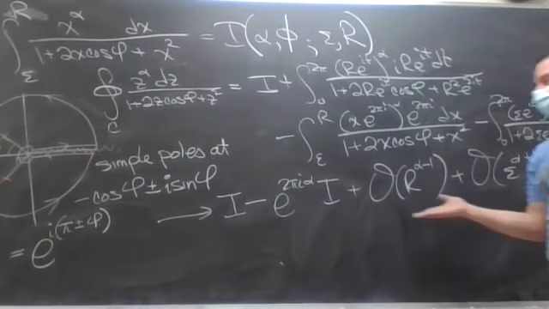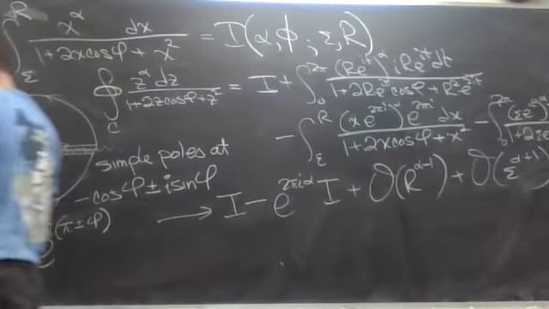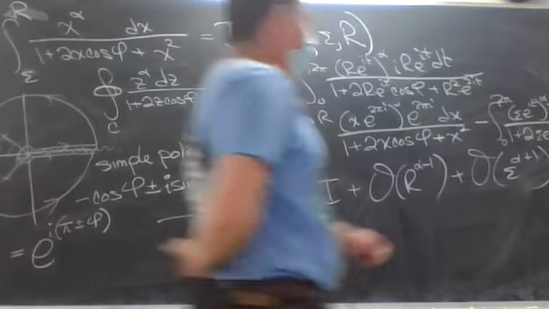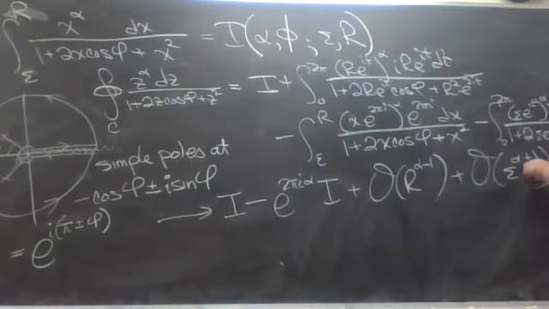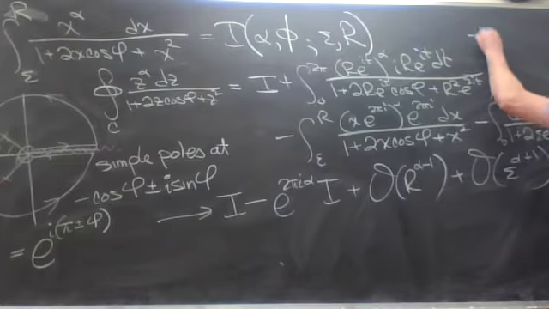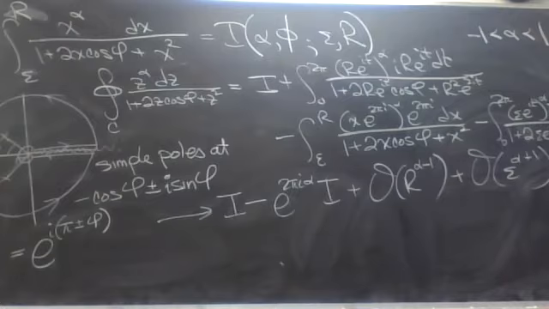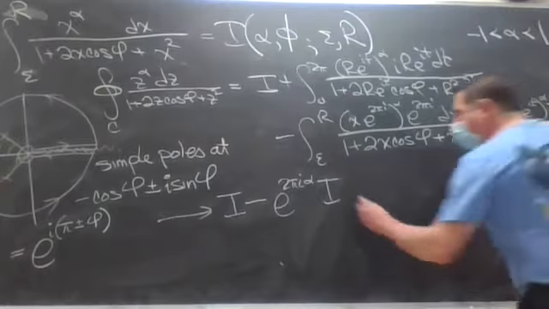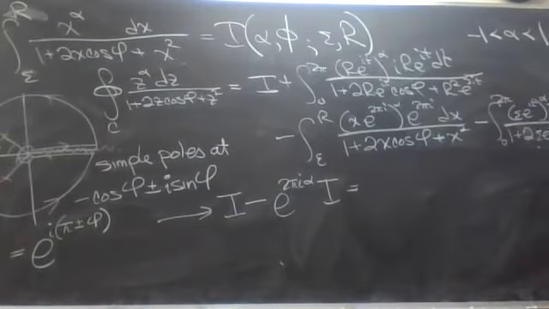If I want these two contributions to tend to 0, then I need alpha plus 1 to be greater than 0 and alpha minus 1 to be less than 0. So negative 1 less than alpha less than 1. All right? If that's true, these two are gone, and I can simplify this business immensely.